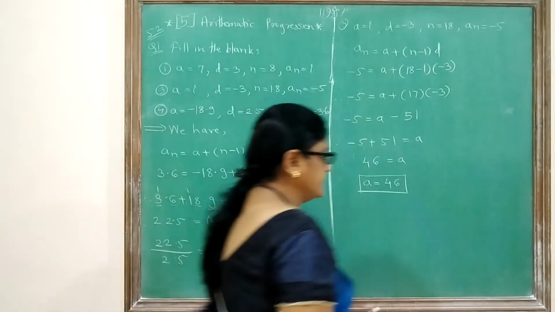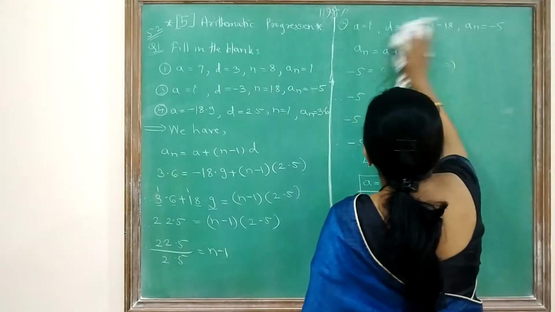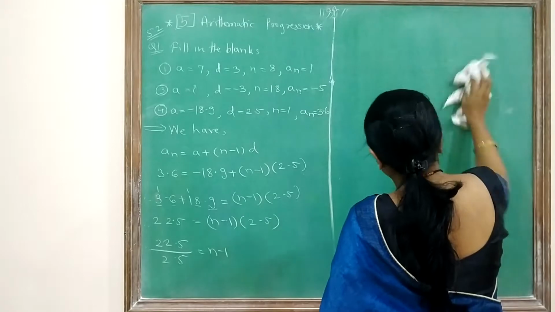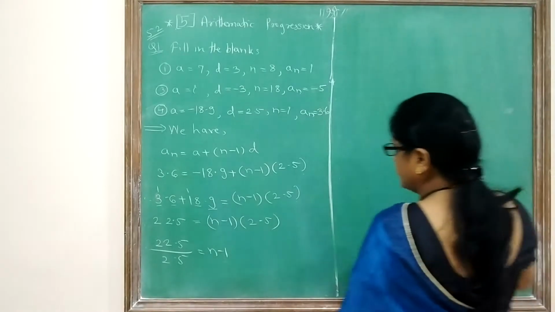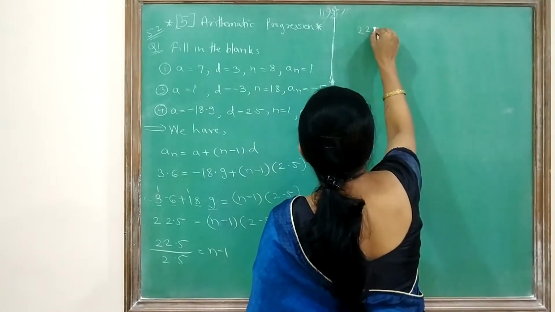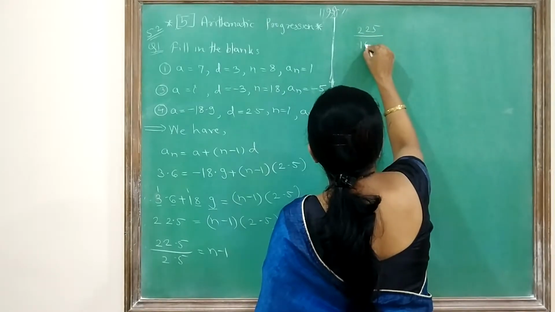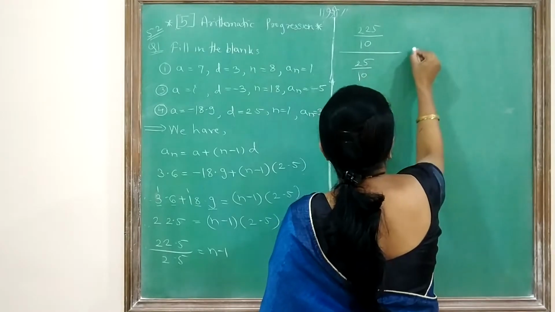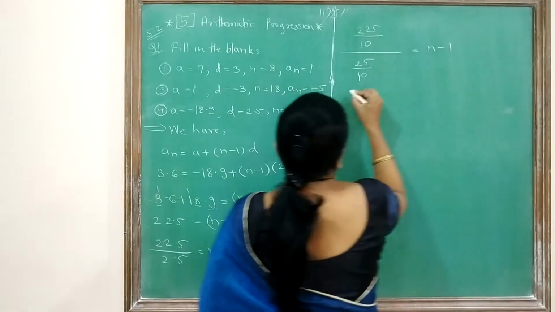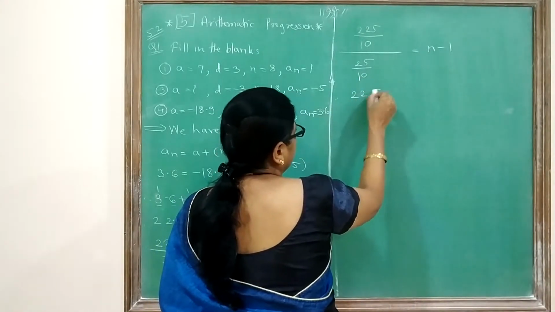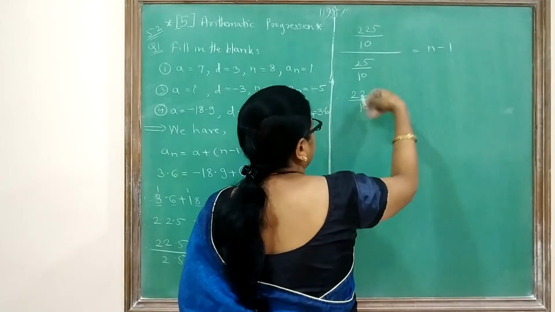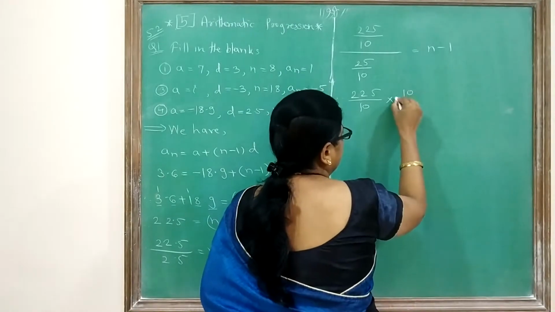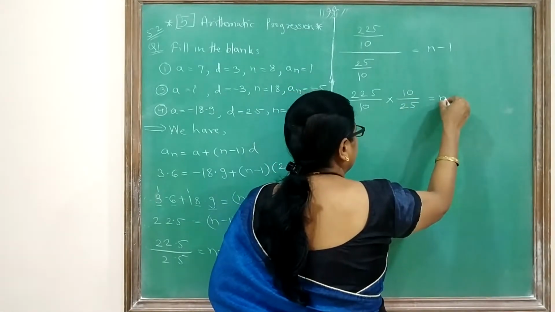Then you will write 225 divided by 10 divided by 25 by 10 equal to n minus 1. And therefore 225 divided by 10 multiplied by, this 10 will go on the upper side, that is 10 divided by 25 equal to n minus 1.